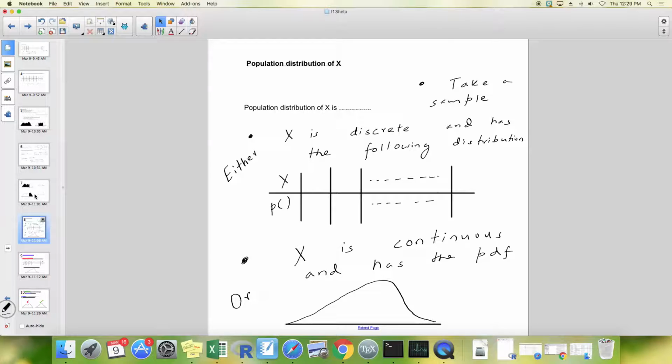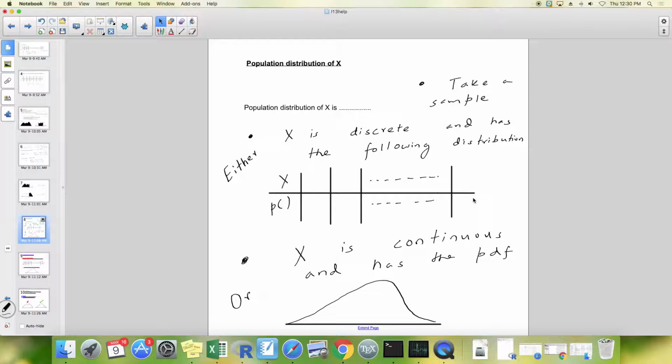So obviously x is a random variable. You have chosen a person at random, and x is something about him. So something about a randomly chosen person is random. Like the height of a randomly chosen person is random. That's obvious. So x is a random variable. Now, x can be discrete or x can be continuous. We have covered this. Like in the sibling example, x is discrete and it has like the following table.